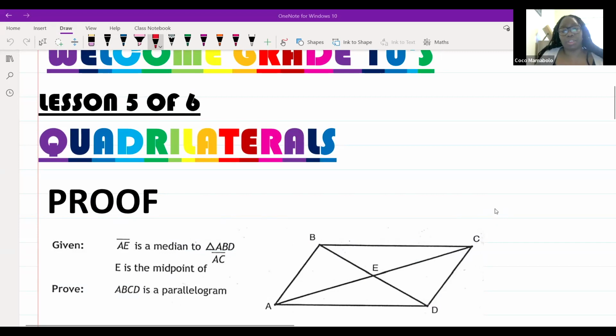It says here we are given that AE is a median, right, of triangle ABD, and E is the midpoint of AC. So AE is a median of that triangle.